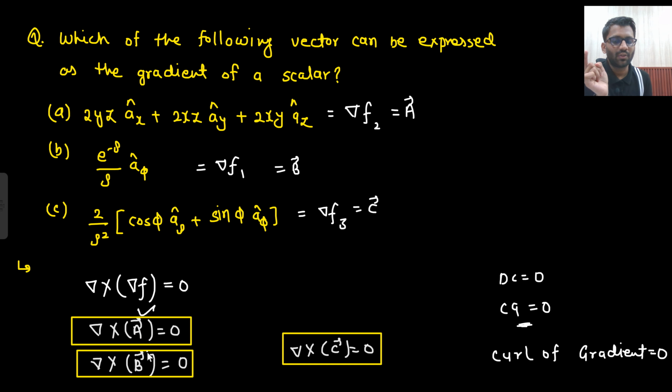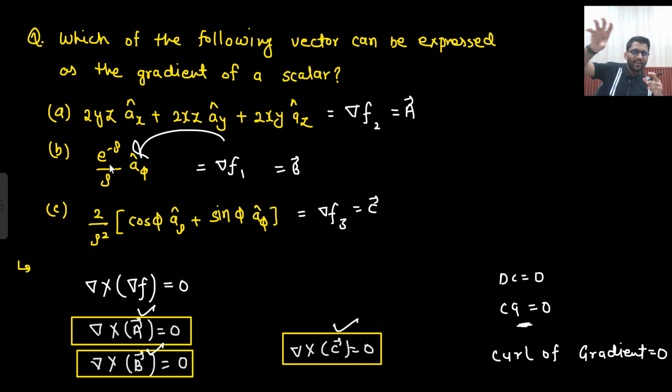If del cross B is 0, then vector B is also valid. If del cross C is 0, then vector C is also valid. If it is coming non-zero, then it is not possible for any scalar field function to generate this vector field function. Is it clear to you?